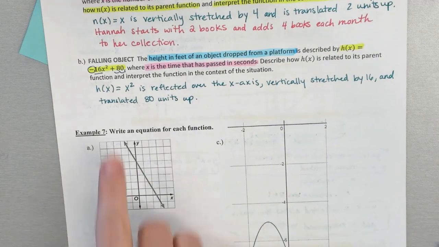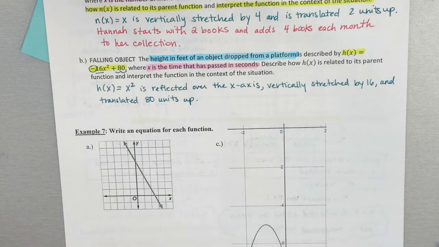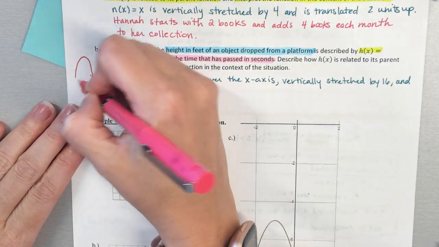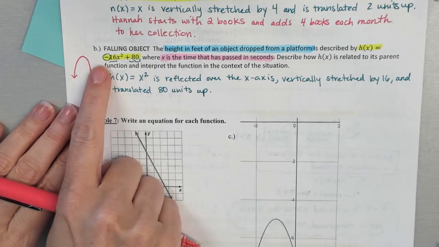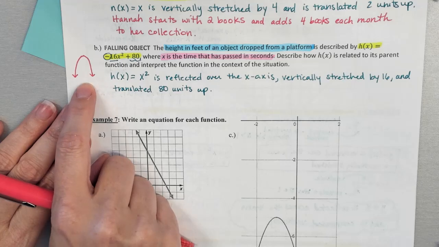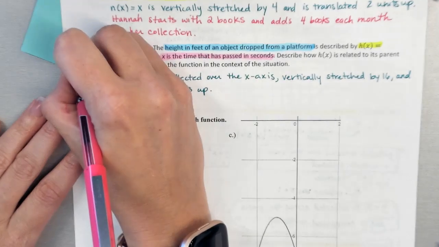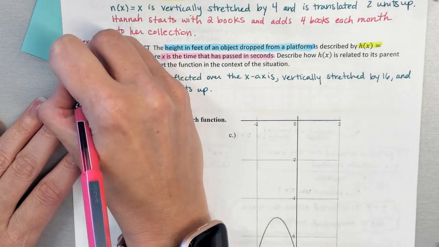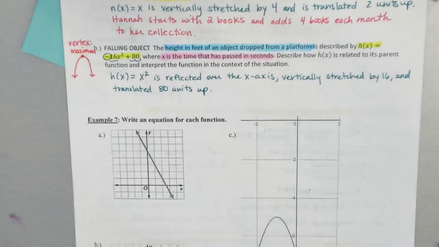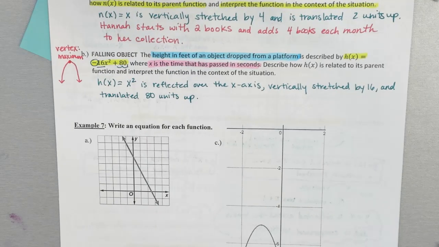And when you have a quadratic, we know that it's going to form a parabola. So because it forms a parabola that's opening down, and I know it's opening down because of the reflection, right? That negative means it's opening down instead of up. The vertex is going to be a maximum, okay, a max value. So we've talked about local maxes and local mins. Okay, this is just a maximum because it's the highest point on your graph.